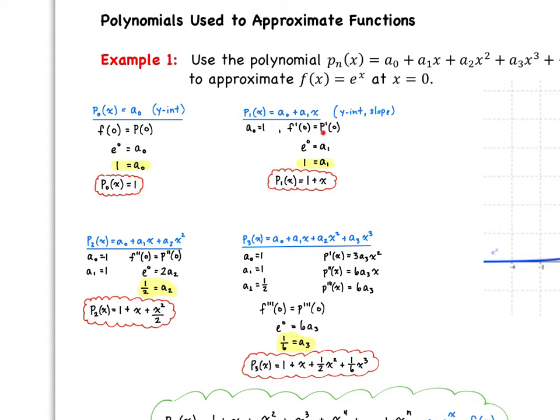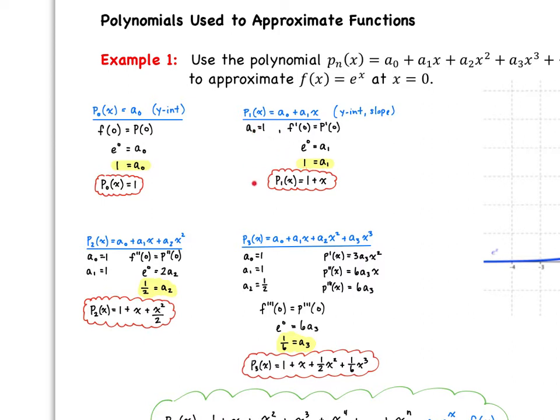So we can find the first derivative of the polynomial and plug 0 in for x, so all the other terms that have x in them go away, and again, we're just left with e to the 0 equals a1. And we'll have to take the derivative of f as well, because remember, we're using the polynomial to approximate this function itself. So we get a1 to be 1.